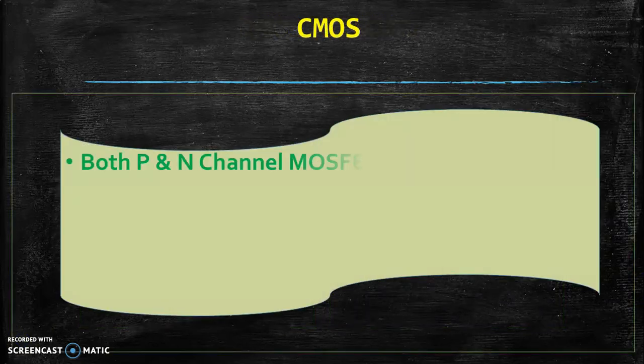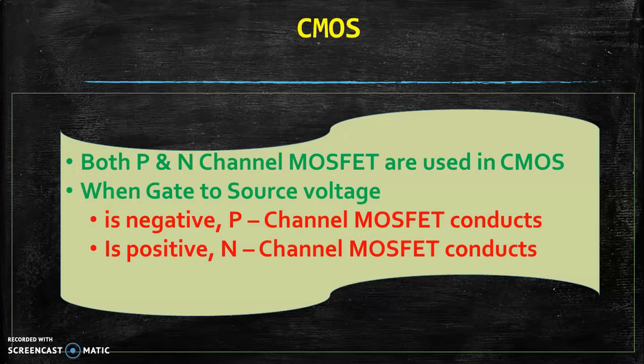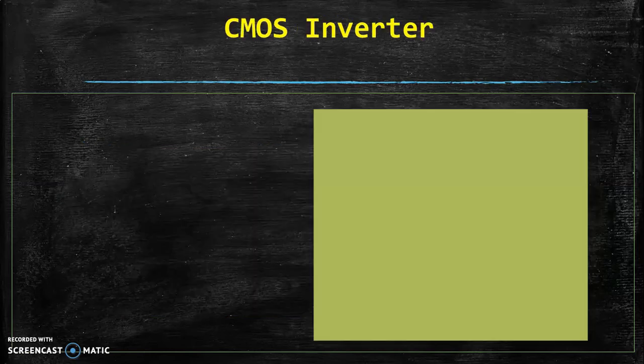Now let us discuss CMOS. In CMOS, we use both P-channel as well as N-channel MOSFET. When the gate to source voltage is negative, the P-channel MOSFET starts conducting, and when the gate to source voltage is positive, the N-channel MOSFET conducts.